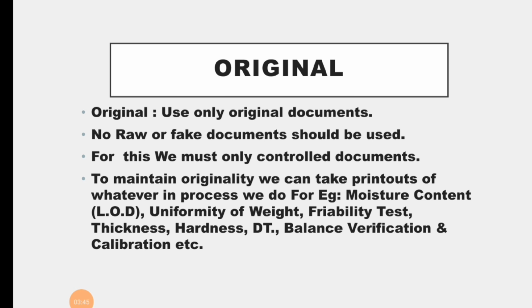For example, for the moisture content, that is LOD, we can take out the printout, and for uniformity of weight, friability test, thickness, hardness, disintegration test, balance verification and calibration. For all the activities we are performing, we can have the evidence by taking out the printouts. By this, we can maintain the originality of the documents.